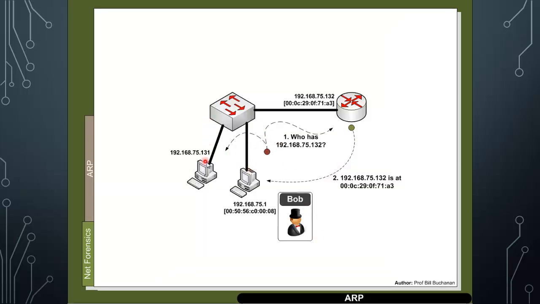Okay, so this shows a basic example. In this case, here we are here. And what we are looking at here is that we want to get out of the network. So we actually have the gateway address. In this case, it's 192.168.75.132. So we obviously don't know what the MAC address is, but we want to be able to communicate with it.